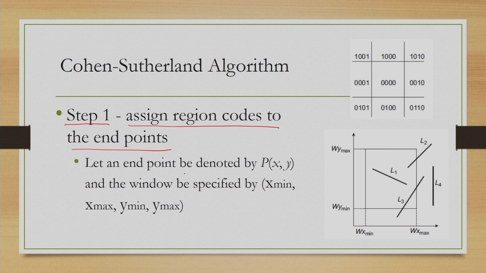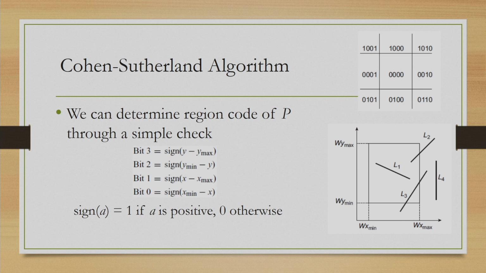Assume that one endpoint is denoted by P(x, y) and the window is specified by the boundary values x min, x max, y min, y max. Then we perform a simple check to determine the region code of the endpoint P. What are those checks?